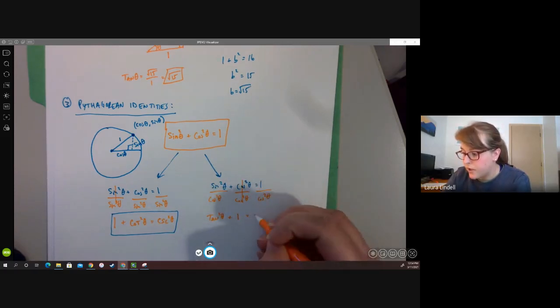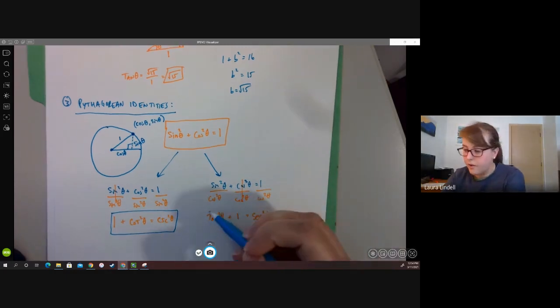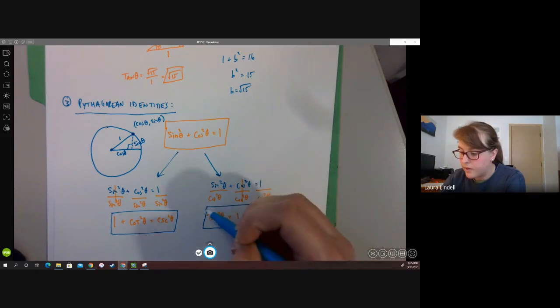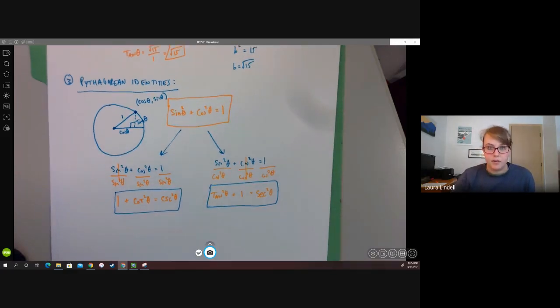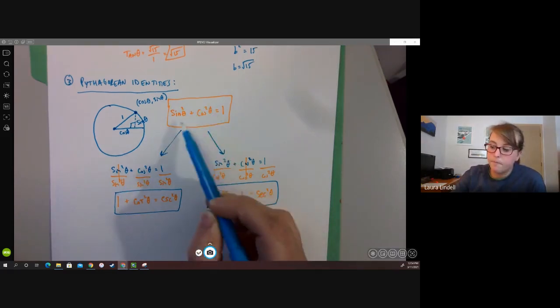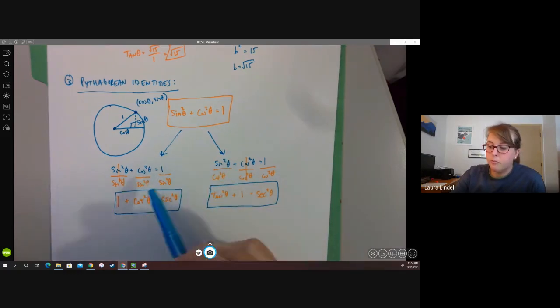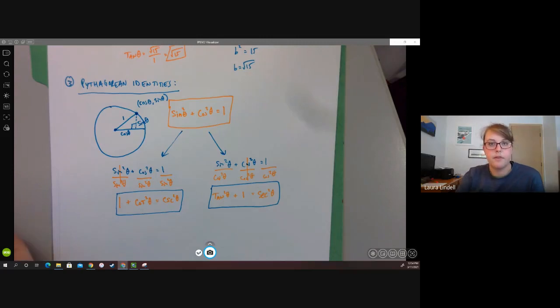And 1 over cosine squared is secant squared. So this gives us our other Pythagorean identity, tangent squared plus 1 equals secant squared. So these are 3 different identities that we want to be able to recognize. The main one to remember is the first, because then you can derive the other 2 by dividing by sine squared or cosine squared on all the terms.